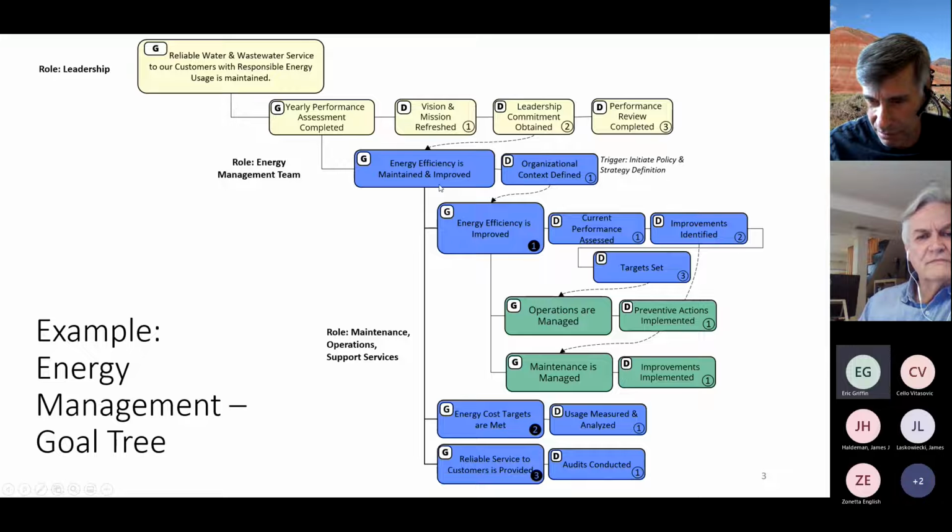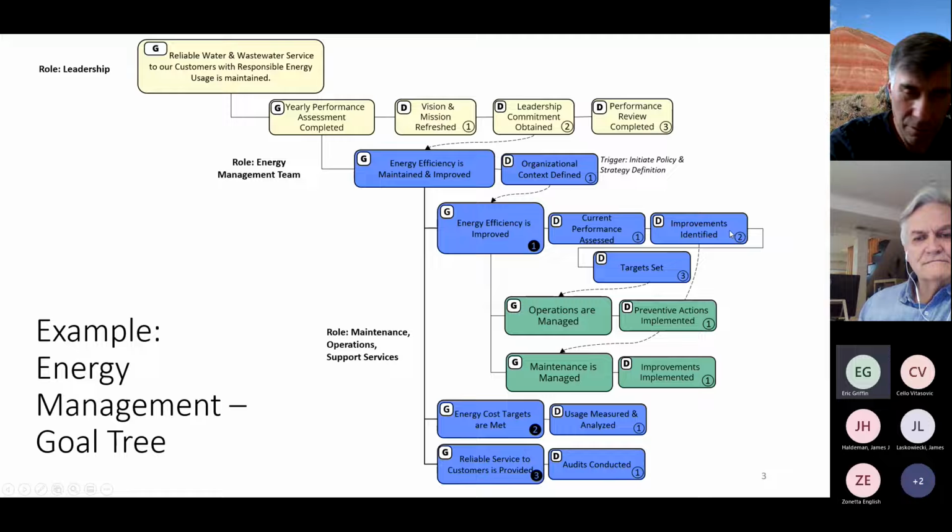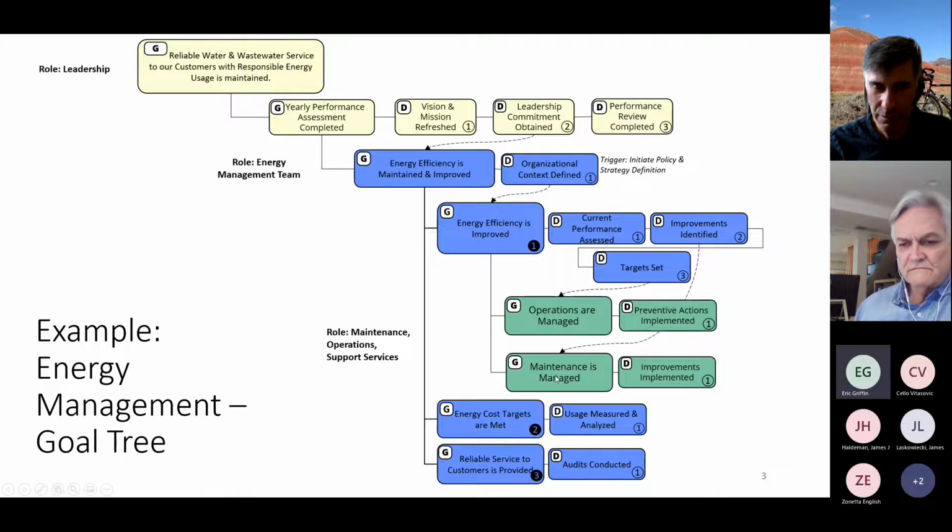So then we have the supporting goals to improve energy efficiency. We have the energy efficiency improvement, where we have to look at our current performance, identify improvements, which is a huge decision point, and set targets. All of those feeding into this goal of improving efficiency, and we need the buy-in.